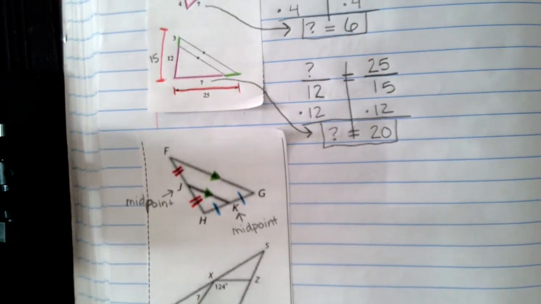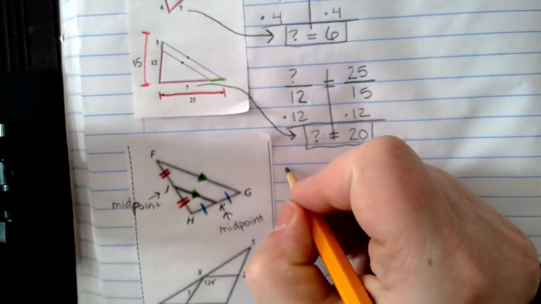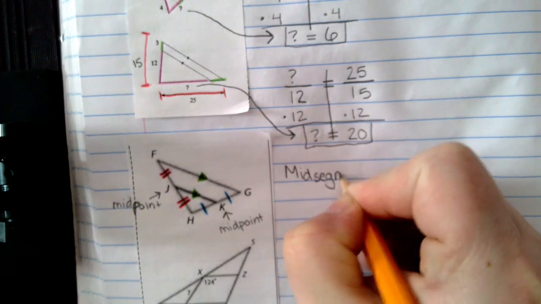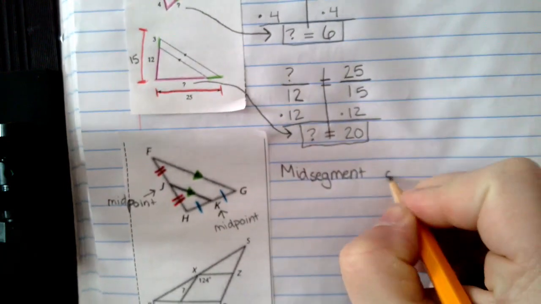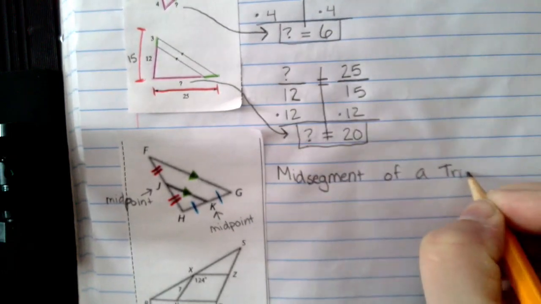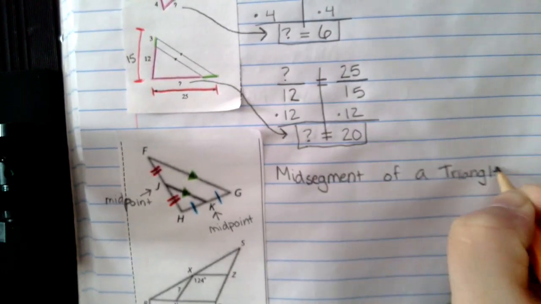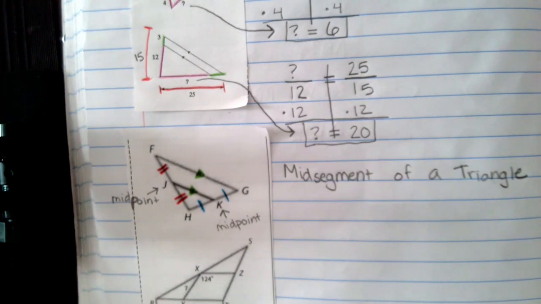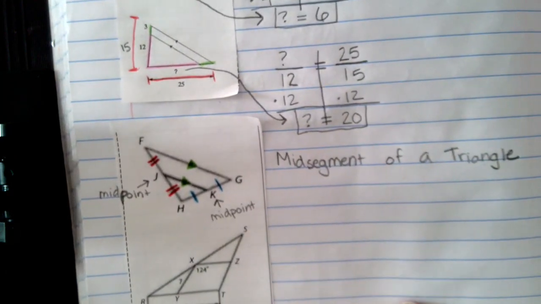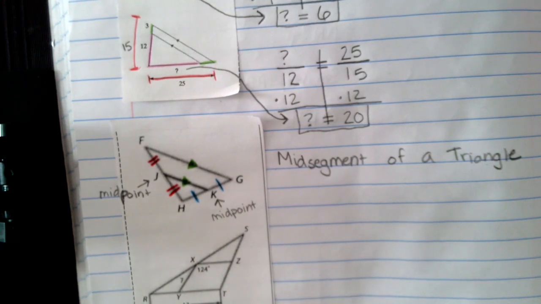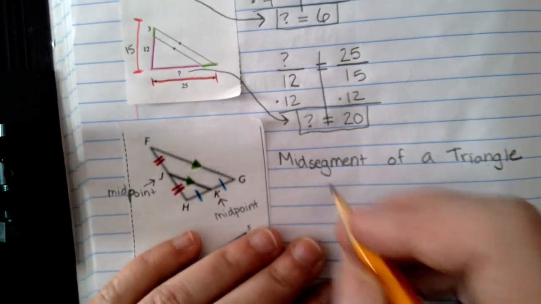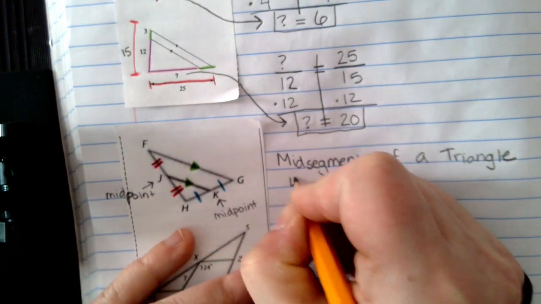Why do you think it's called a midsegment? What does it connect? What was J and K? If that's the midsegment, what does it connect?